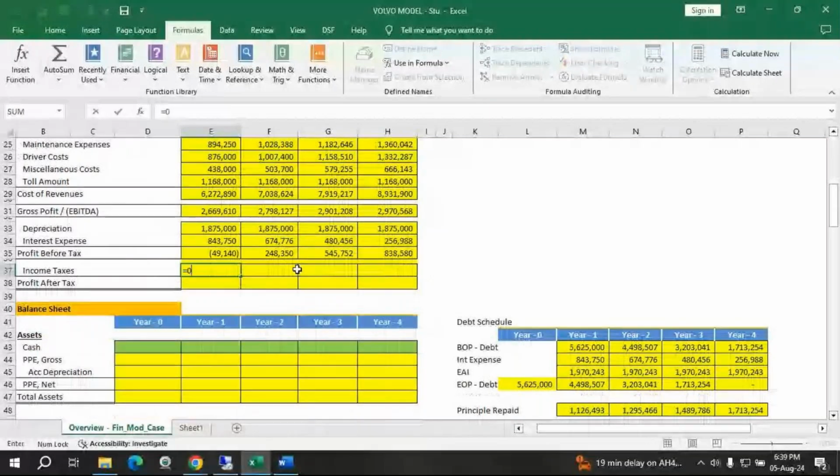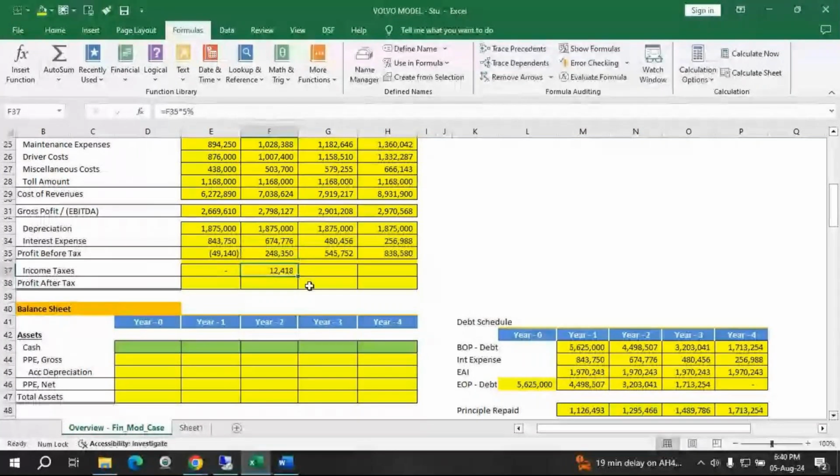Then for the next year, I'll take 5% of the profit before tax as income tax. Profit after tax will be profit before tax minus income tax. The first year is a loss, so this is what you need to get. So solve this.